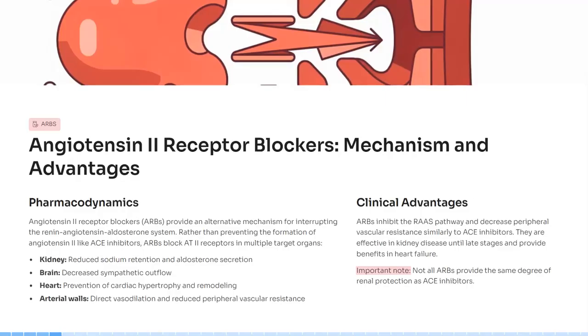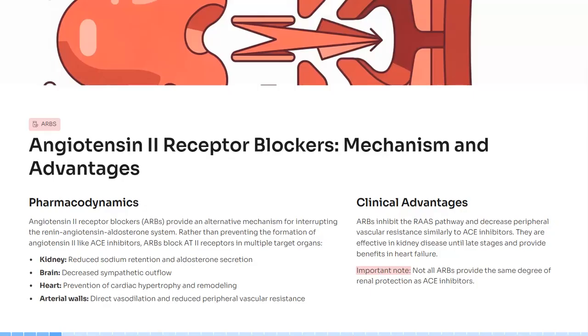Okay, let's talk about the angiotensin II receptor blockers. Those provide an alternative mechanism for interrupting the renin-angiotensin-aldosterone system, rather than preventing the formation of angiotensin II like an ACE does. ARBs block angiotensin II receptors in multiple target organs.